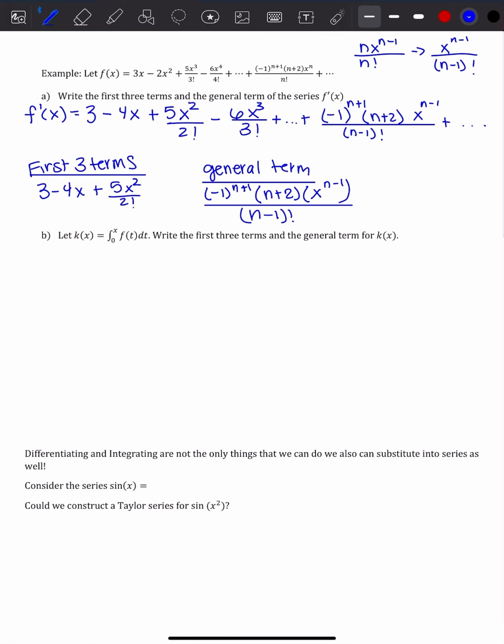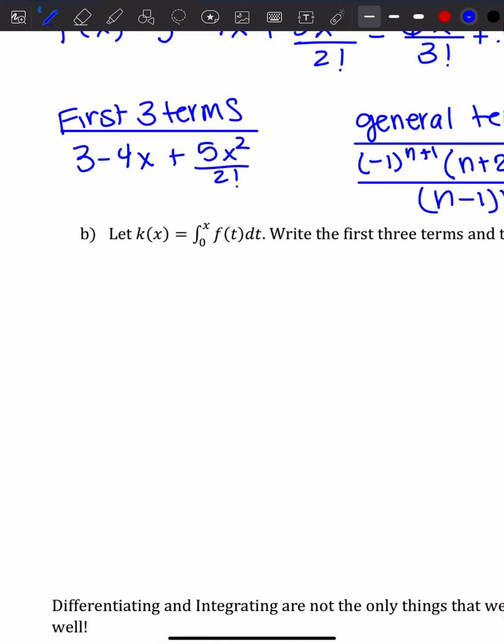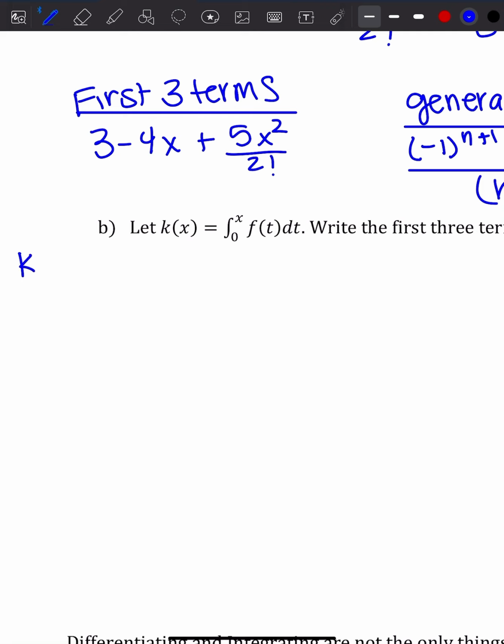Now it says let k of x equal the integral from 0 to x of f of t. Write the first 3 terms and the general term for k of x. So what we're going to be doing now is taking the antiderivative, the integral of each of these terms. So k of x equals.